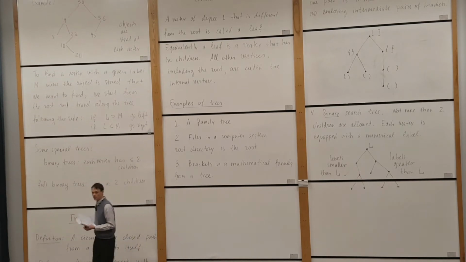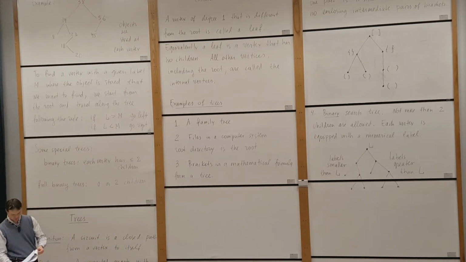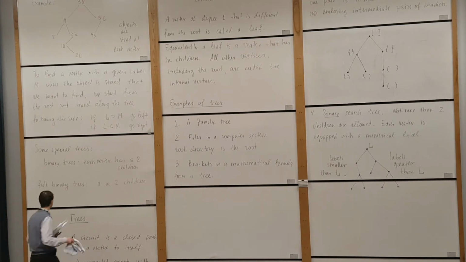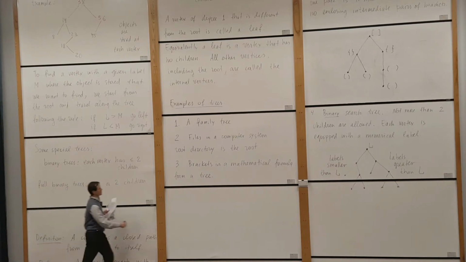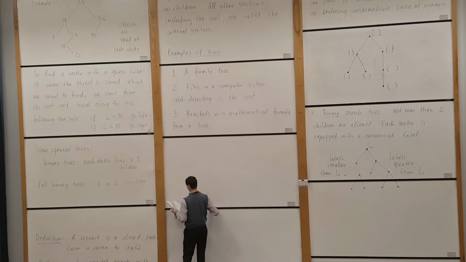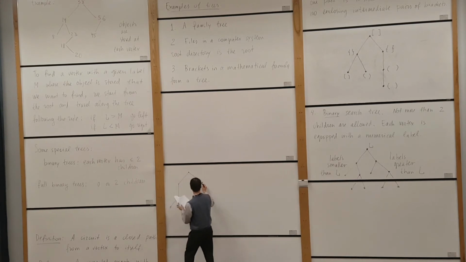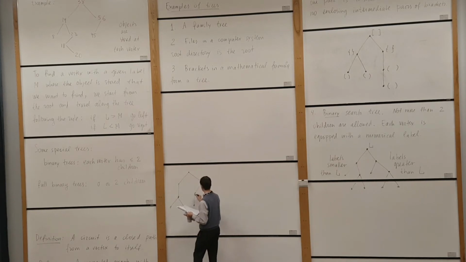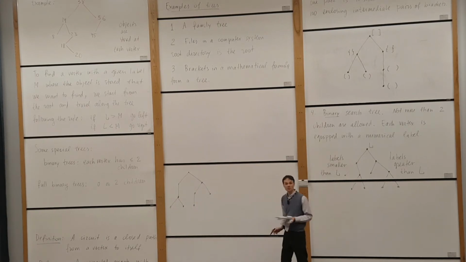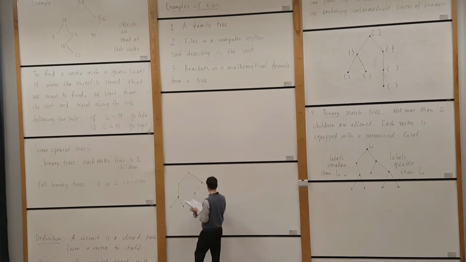So let me draw the examples. So here's an example of a binary tree which is not a full binary tree. So basically, whenever you have vertices with degree 2, right, they'll spoil this property.